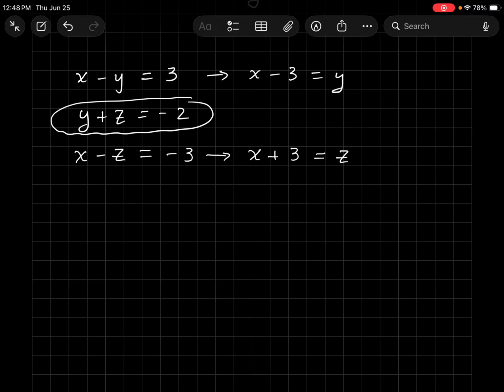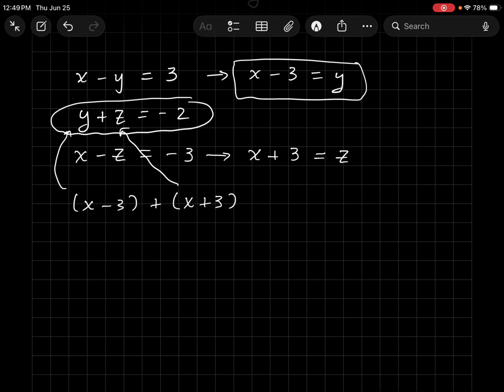What if I let y equal x minus 3, and then z equals x plus 3, and I substitute into that equation like that, using the information that I solved for in the first and third equations. And then, of course, that equals negative 2, right there.